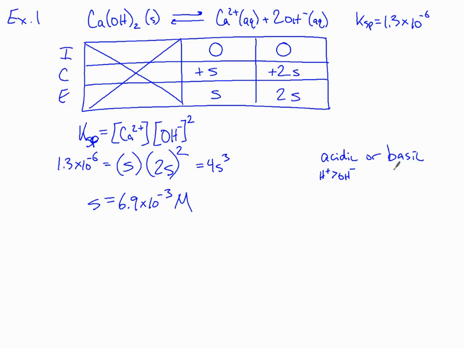In a basic solution you have more hydroxide than hydrogen ions. And so we have a source of hydroxide ions. We don't have a source of hydrogen ions. So there's going to be more hydroxide ions now, and that makes the solution basic.